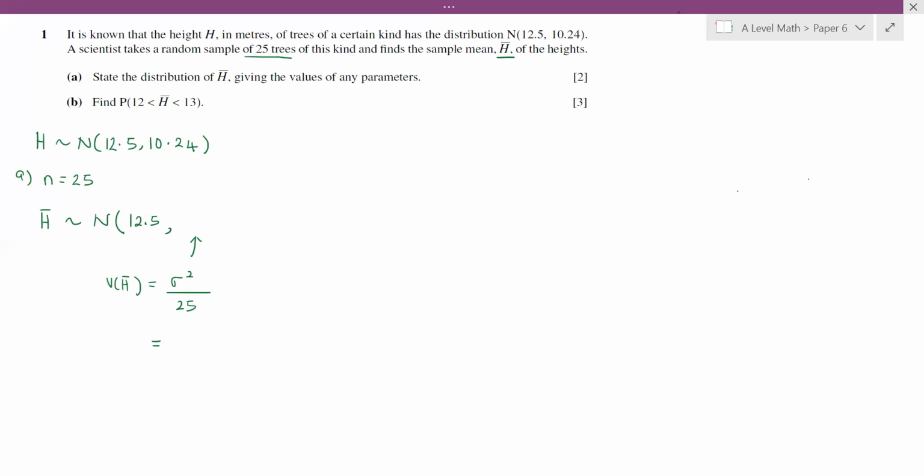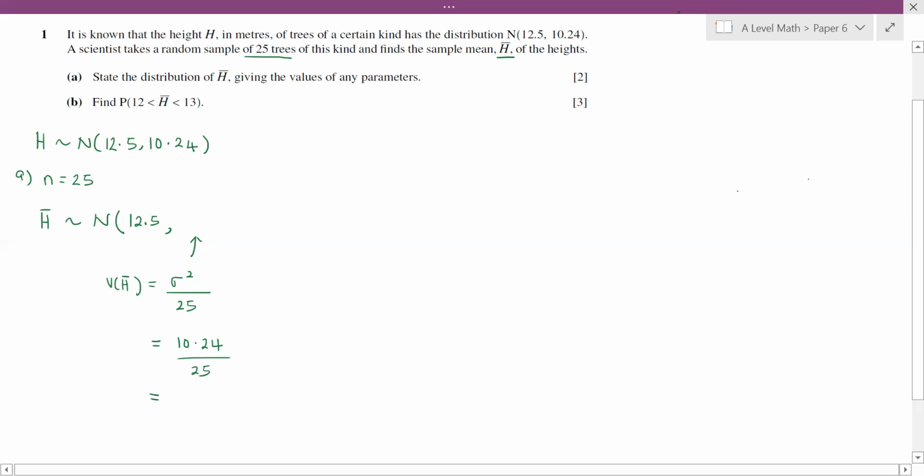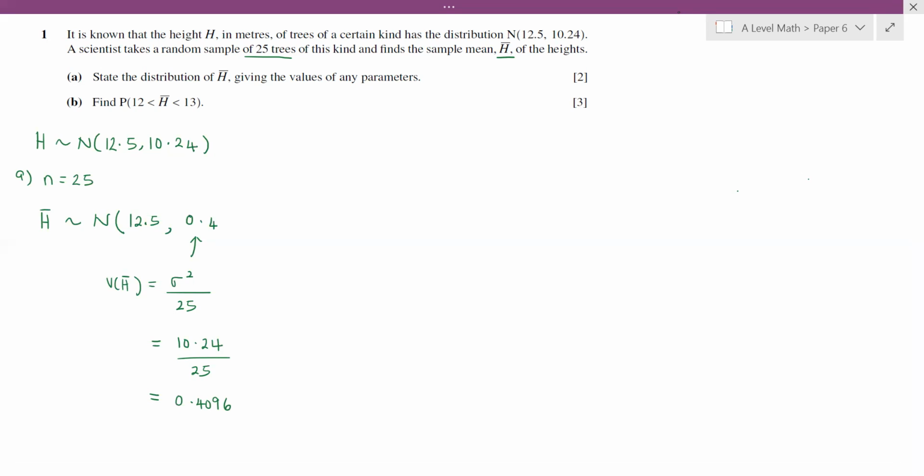So 10.24 divided by 25 gives 0.4096. So h bar follows a normal distribution with a mean of 12.5 and a variance of 0.4096.